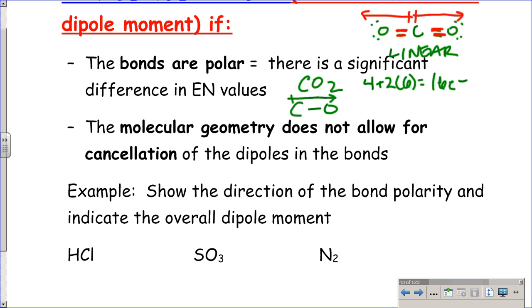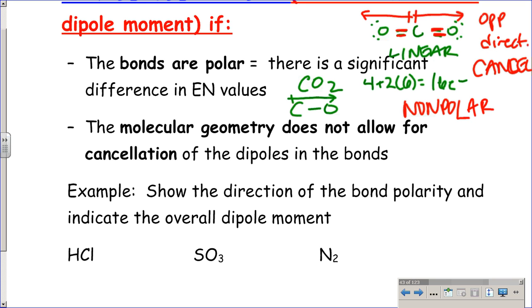So these two dipole moments pointing in opposite directions cancel, which means that the whole molecule is nonpolar because there's no left or right that has more electrons than the other side. Left or right have the same number of electrons, the same distribution of electrons around the molecule. We say that they're equal, so nonpolar overall. So that's called a nonpolar molecule.